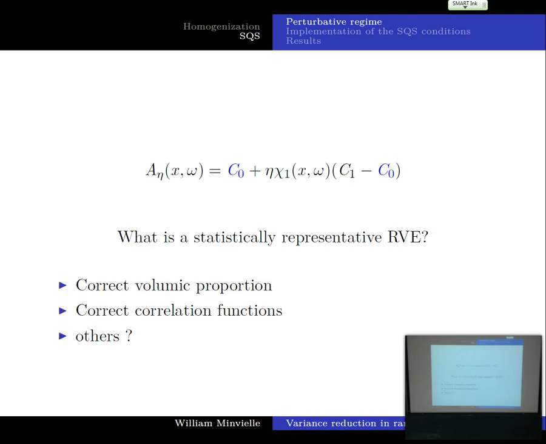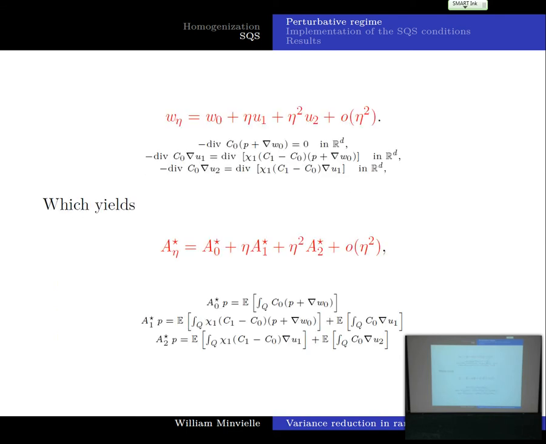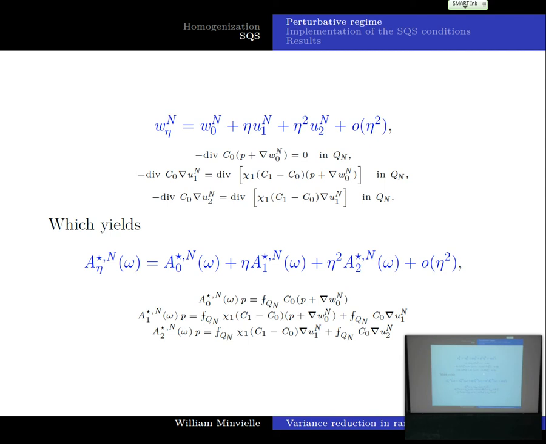So if C naught depends on X and is a periodic matrix, because if it's not periodic, then you're not stationary, and nothing makes sense. You can do that up to the first order, and then the second order, you would have to compute this guy. And this guy is not easy to compute anymore because you've got a product.